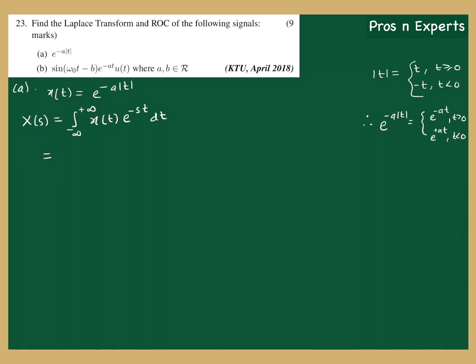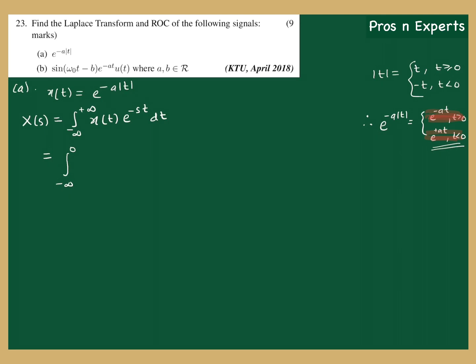But you can see that our signal is valid for two different time intervals, for positive time axis and negative time axis. So we have to split our integral accordingly. So I'm splitting this integral from minus infinity to 0 for including negative t.